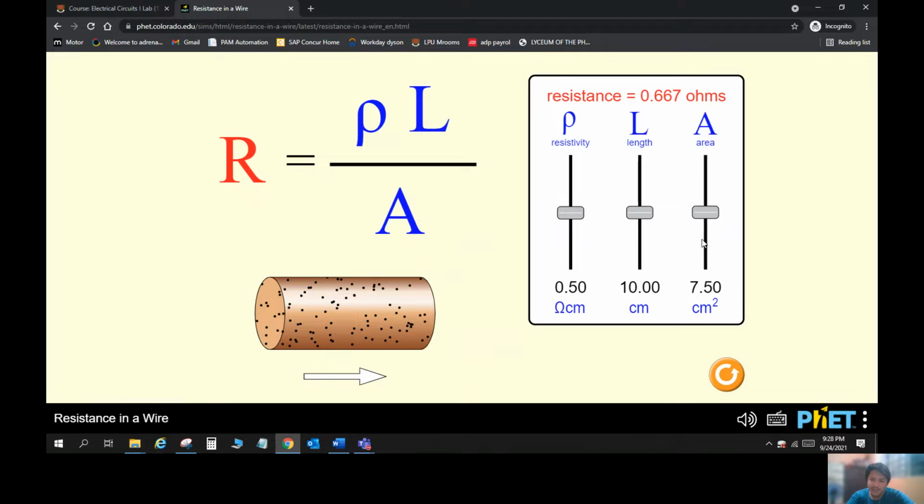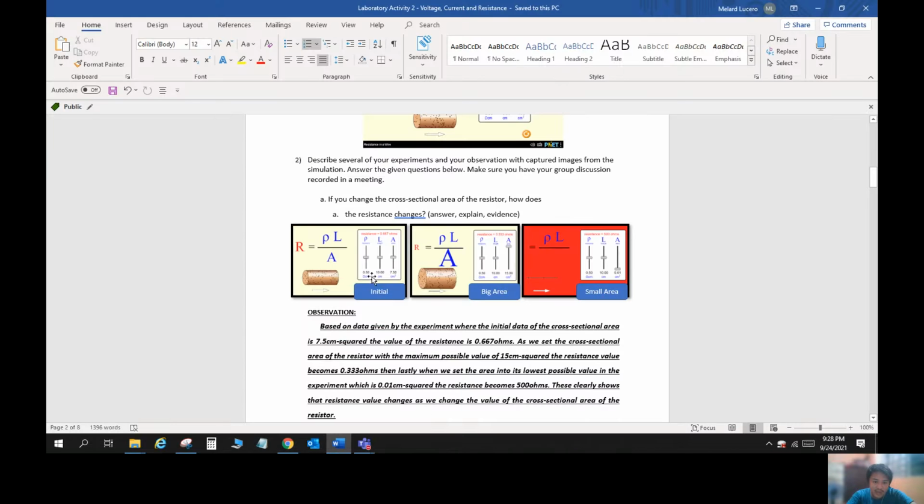As initial values, we have a resistivity of 0.5 ohm-centimeter, a length of 10.00 centimeters, and an area of 7.5 centimeters squared. We paste it here. This will be the initial or original.